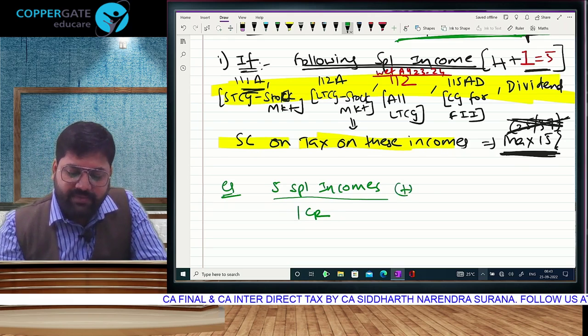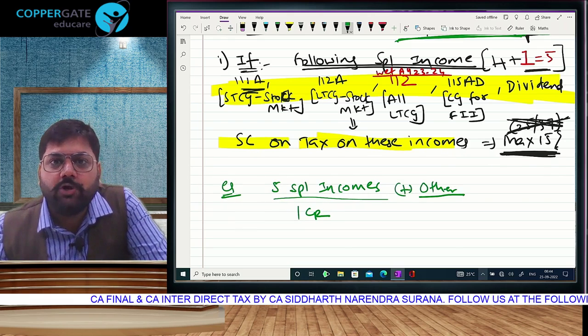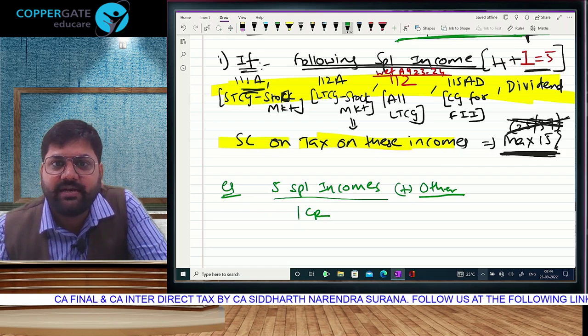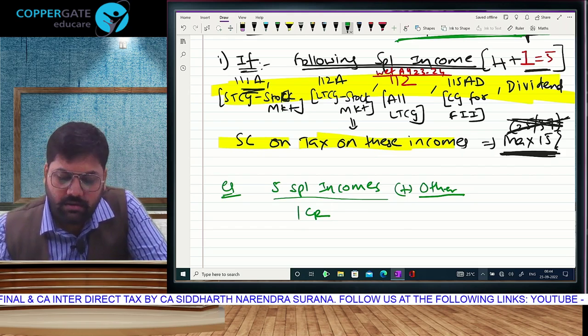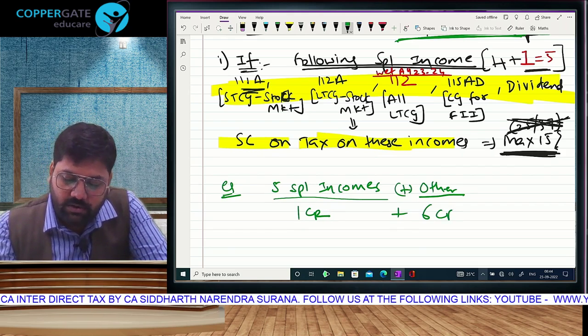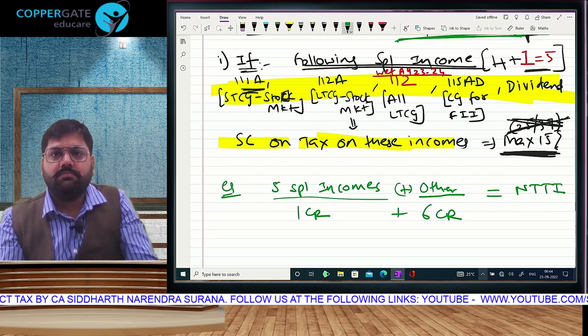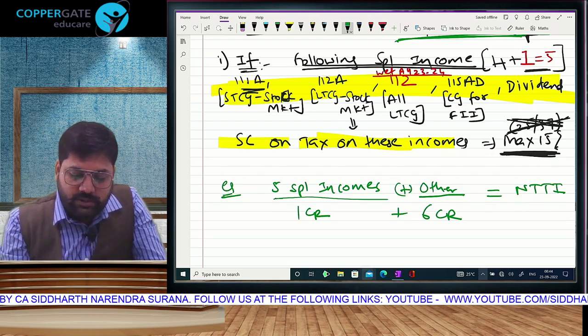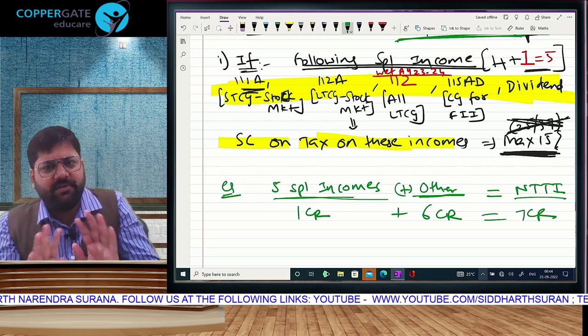And apart from that, I have got some other income. Can I have other normal income? Salary, house property, business profession, bank interest, FD interest, anything, interest on income tax refund. That is 6 crore. That will give me my net taxable total income. Special income plus normal income is net taxable total income of 7 crore.